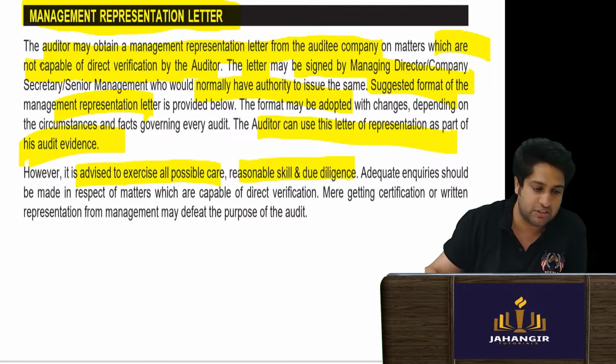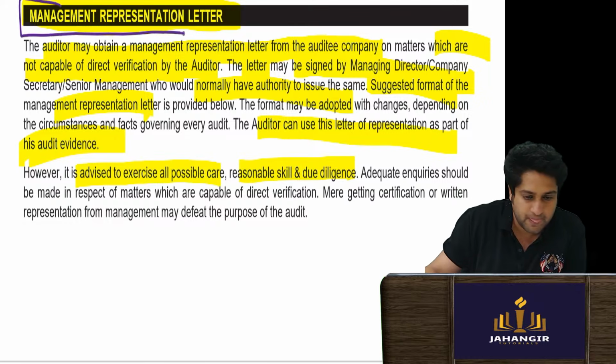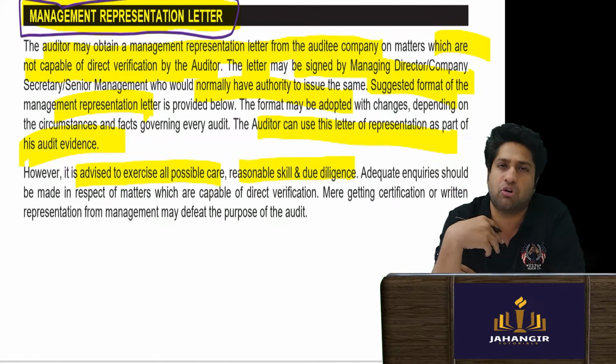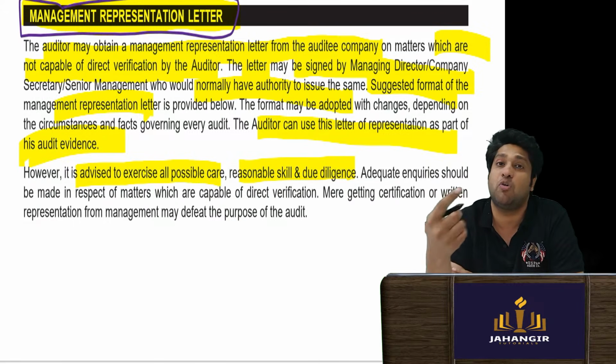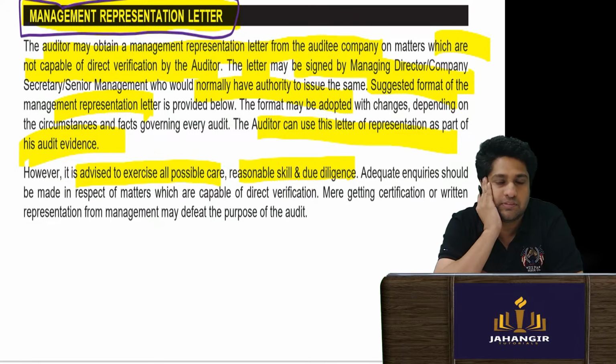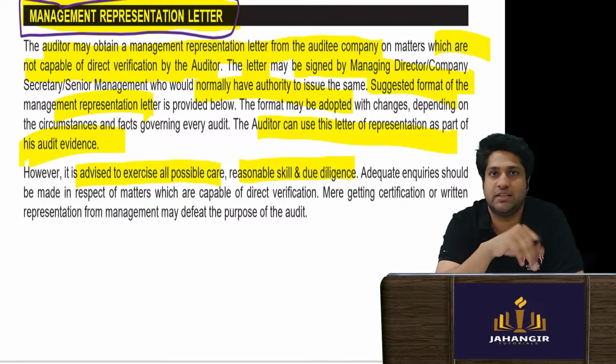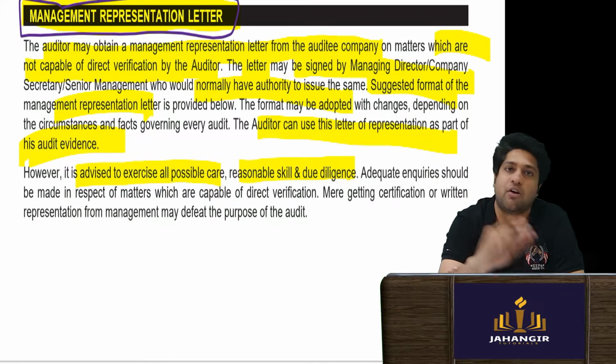Management representation letter. Now what happens is, the auditor cannot counter-check every document. The auditor, if you go to see, is also human. They also have time constraints. They will check some things and they will rely on something.